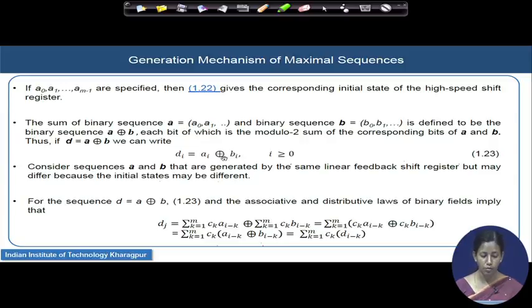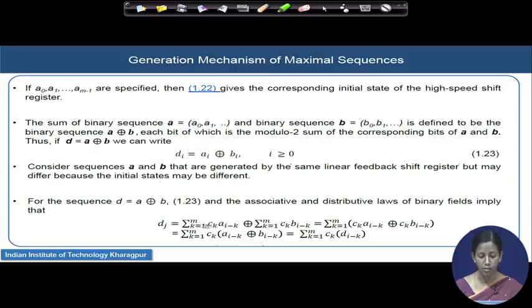If that is the situation, for the sequence D, using the associative and distributive laws of this binary field, we can show that any bit value D_j can be obtained by taking C_k A_(i-k) XORed with C_k B_(i-k), as we are applying the associative and distributive law.